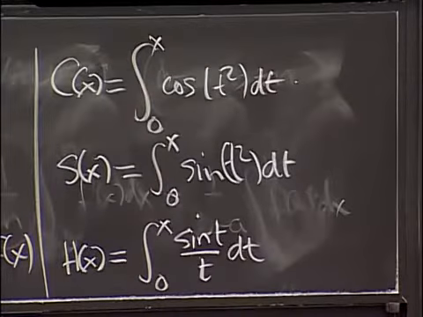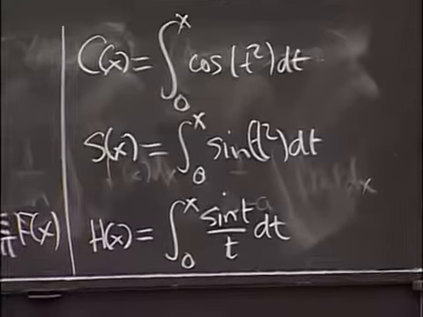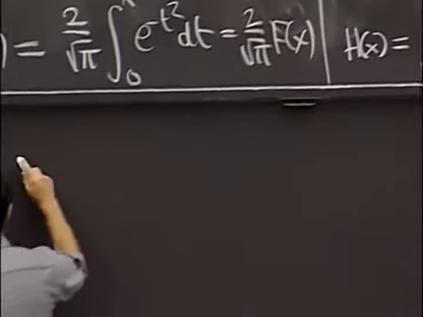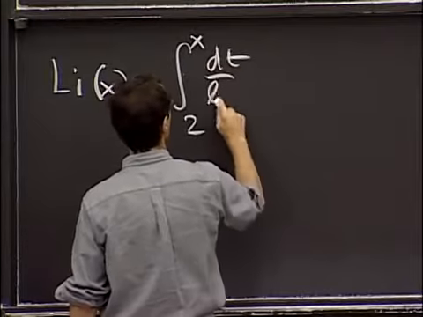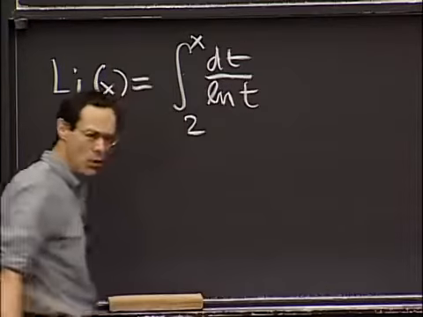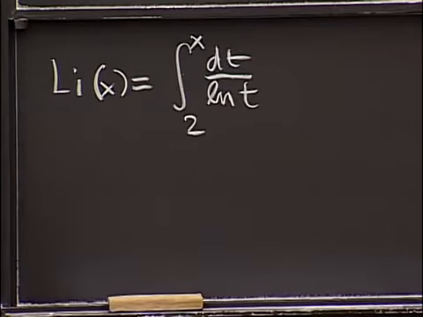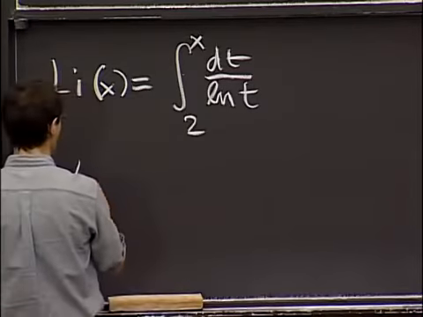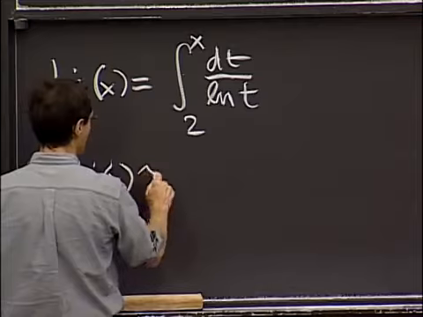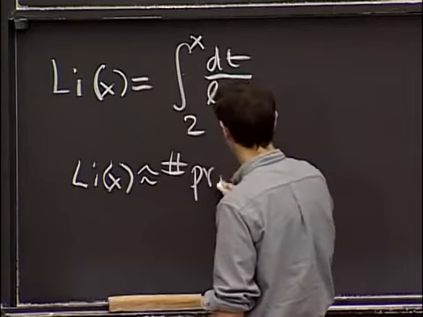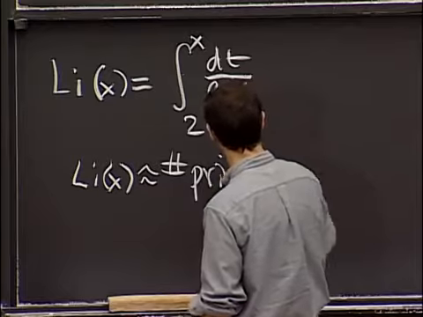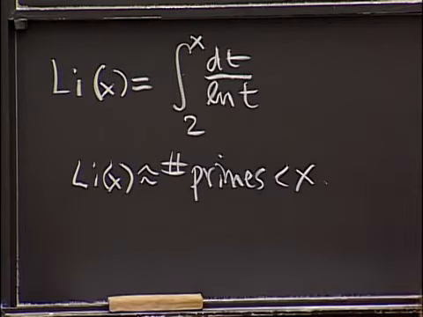There's a function which is called Li of x, logarithmic integral of x, which is this guy. The reciprocal of the logarithm, the natural log. And the significance of this one is that Li of x is approximately equal to the number of primes less than x.